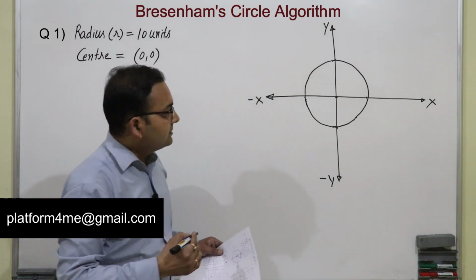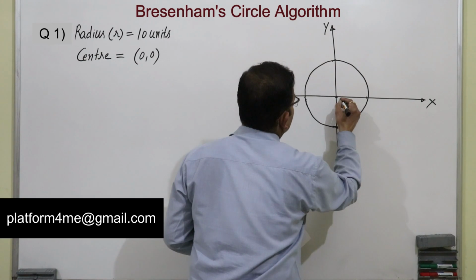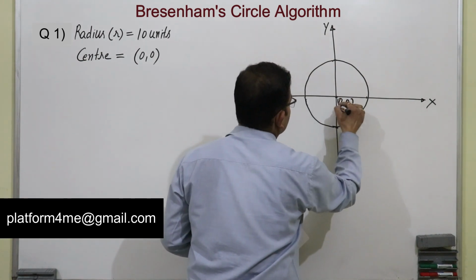So, this is a circle and its center is 0, 0.